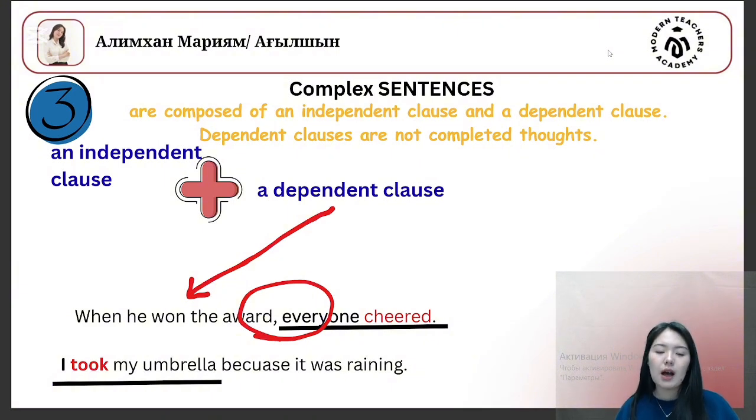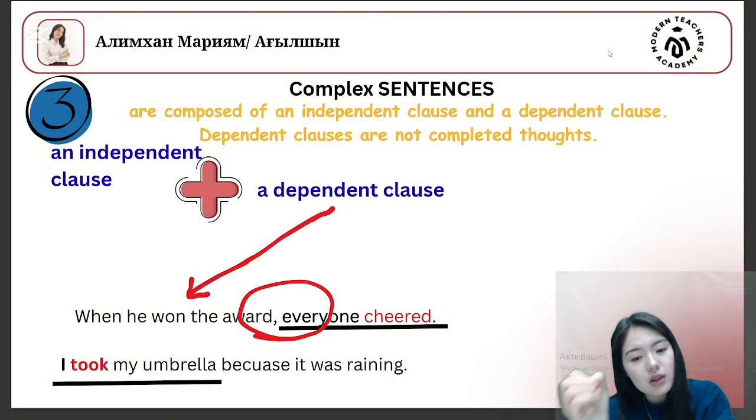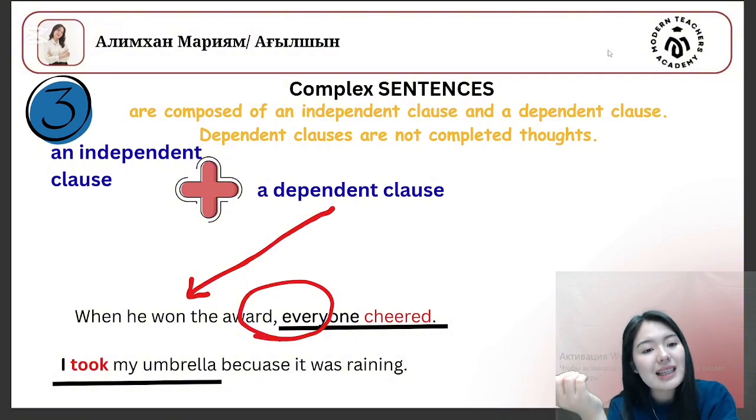But if we take only the second clause, because it was raining, it needs some words to complete this thought. The first clause, I took my umbrella, is an independent clause, and the second clause, because it was raining, is a dependent clause, yes?